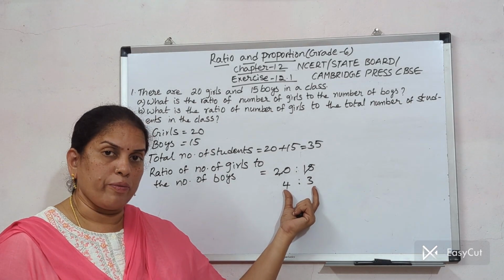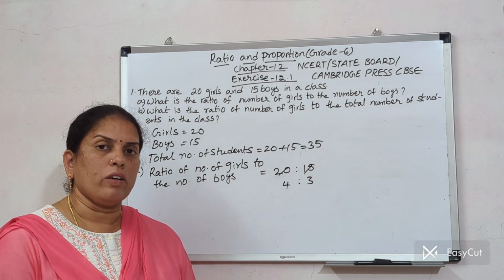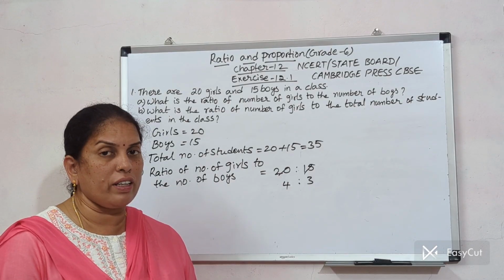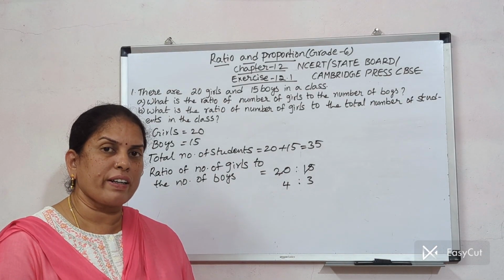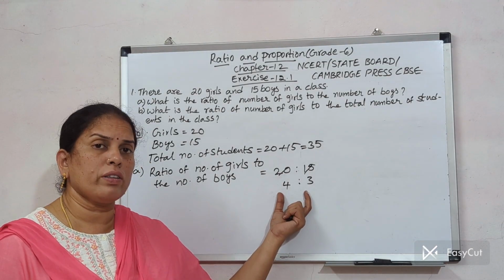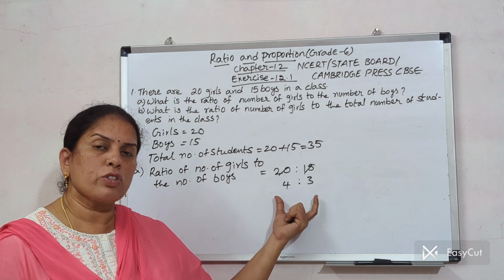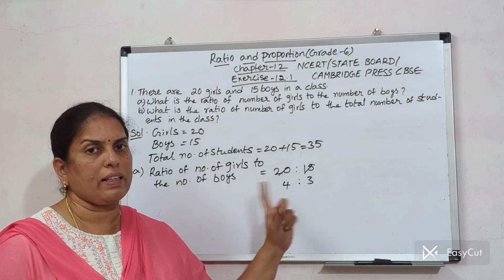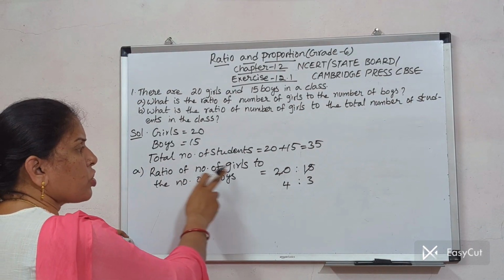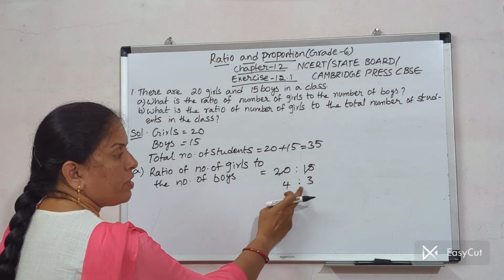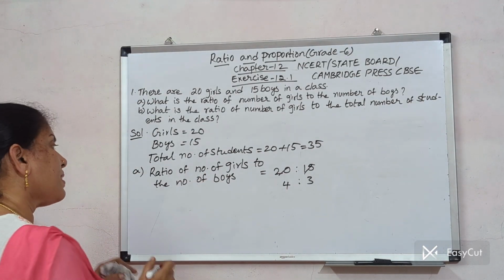See, 4 is to 3. What are the common factors of 4 and 3? Do you have any? No. Why? Because 4 and 3 are co-primes. They do not have any common factors. So, 4 is to 3 is the simplest form. Leave it like that. What is the ratio of the number of girls to boys? 4 is to 3. What is the next question?